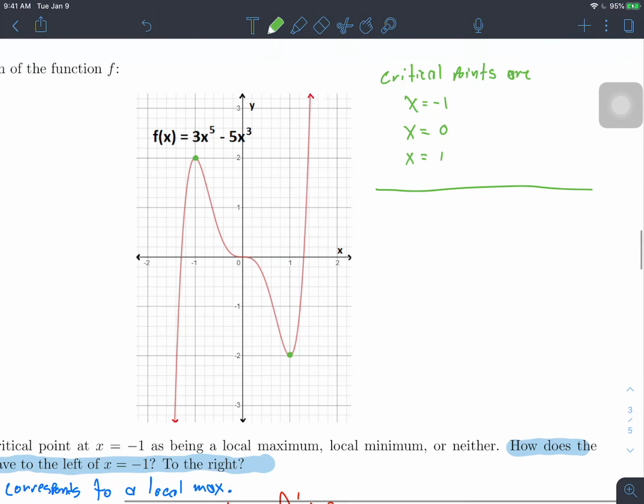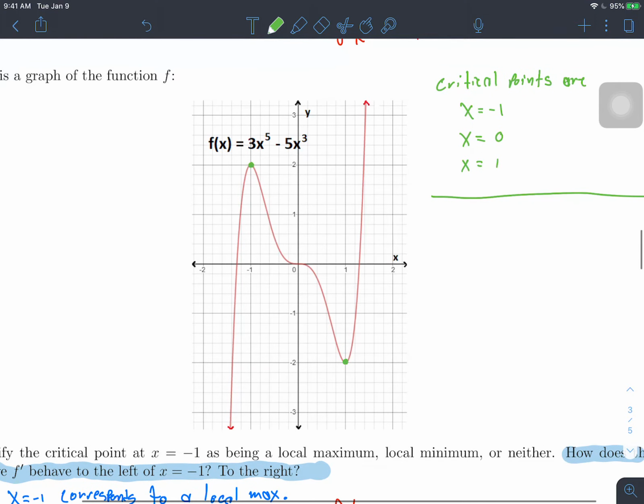Now, I know that f of x is equal to 3x to the 5th minus 5x cubed. In fact, I also computed f prime of x last time.